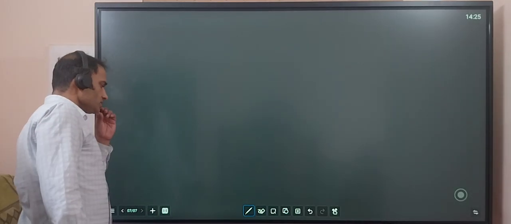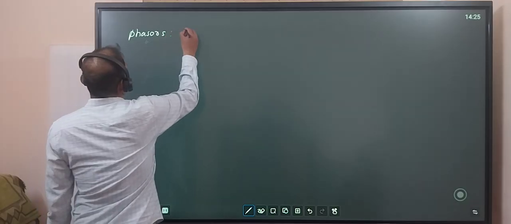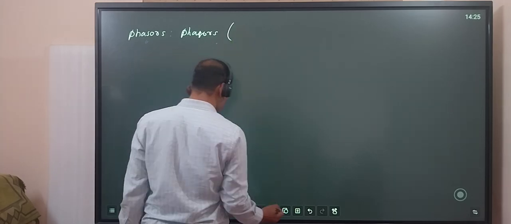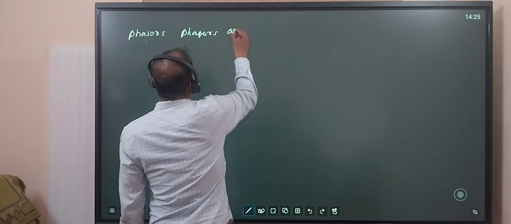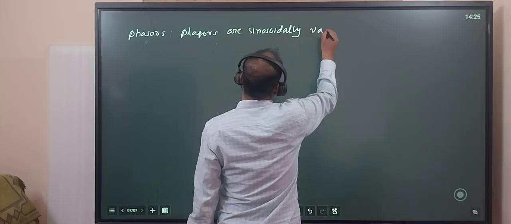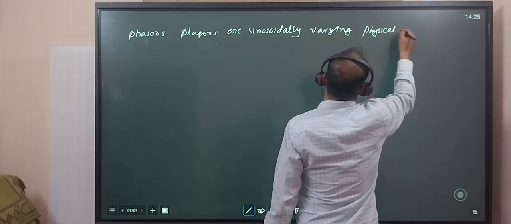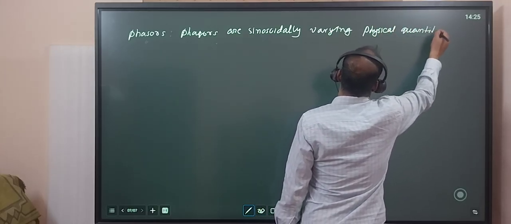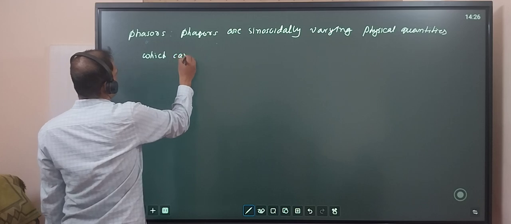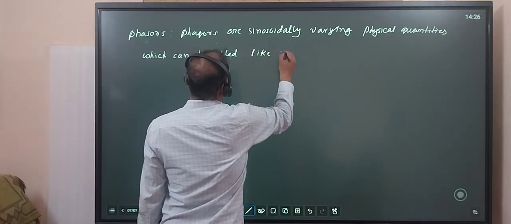So first, phasors. Phasors are sinusoidally varying physical quantities which can be added like vectors.